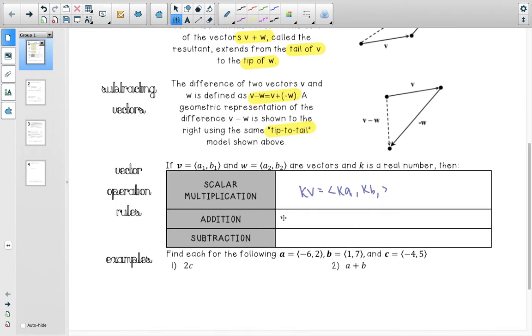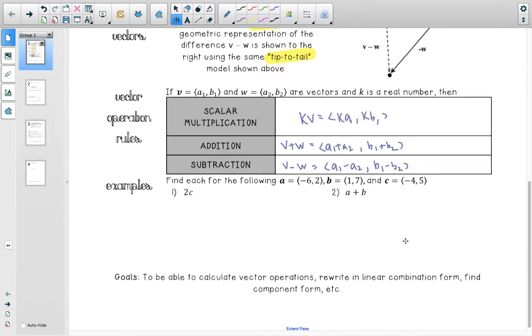If you're adding v and w, you're just adding a sub 1 and a sub 2, and then b sub 1 and b sub 2. And if you're subtracting, then you're subtracting, so a sub 1 minus a sub 2. Remember, order of subtraction does make a difference, so be careful there. Addition order doesn't matter, but subtraction does.